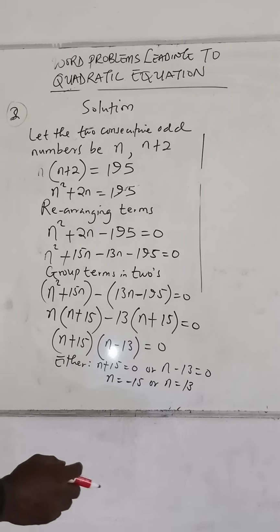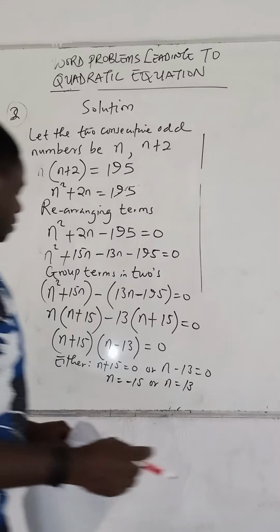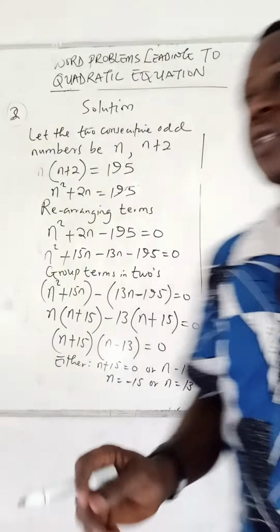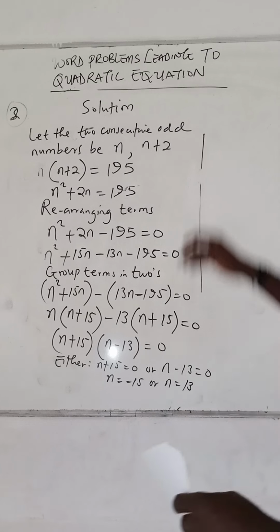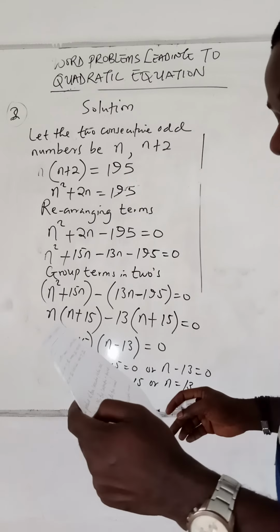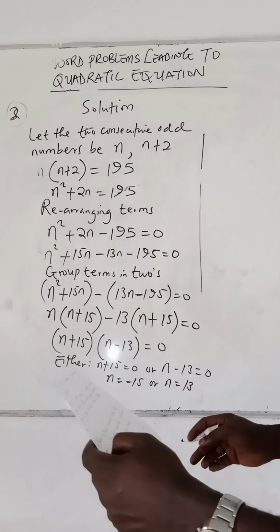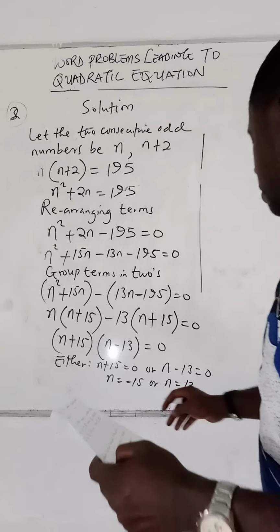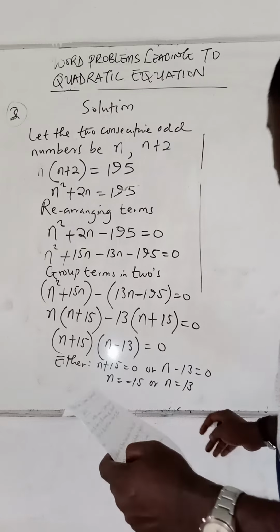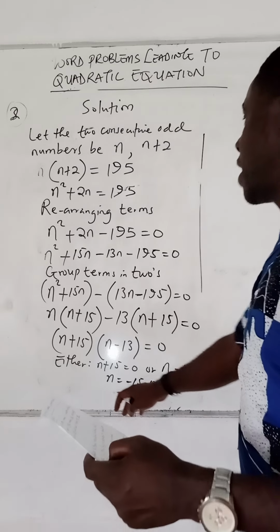So these are the values of n for the product of two consecutive positive odd numbers.